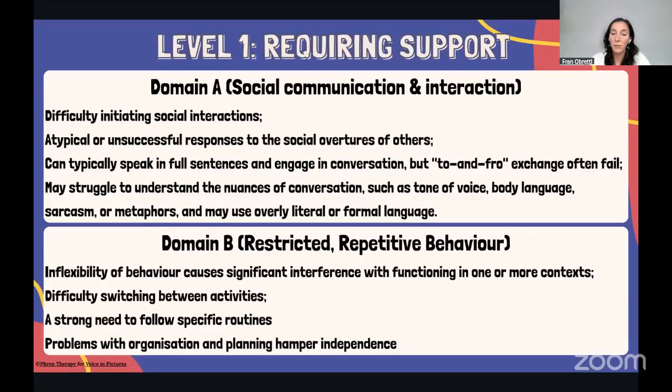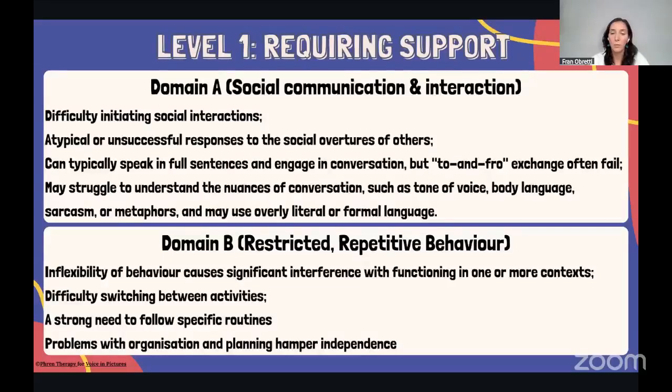They might struggle to understand the nuances of a conversation, such as facial expressions, tone of voice, body language, sarcasm, and metaphors. We need to be aware that when we communicate, we bring 75 to 80% of our body language when we are in a social interaction with someone else.